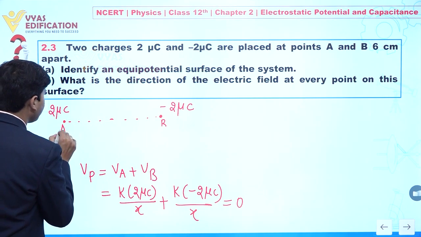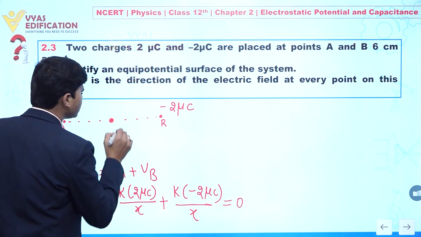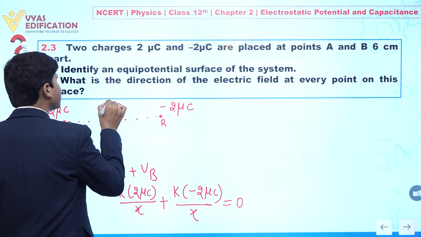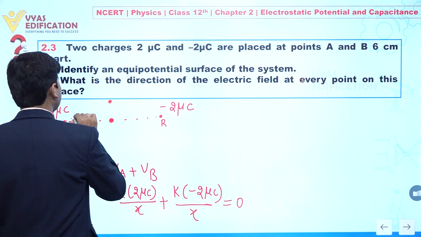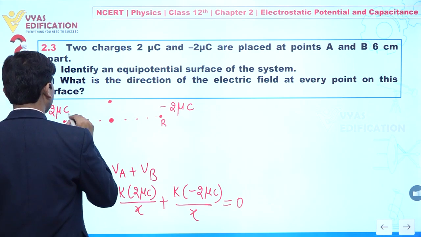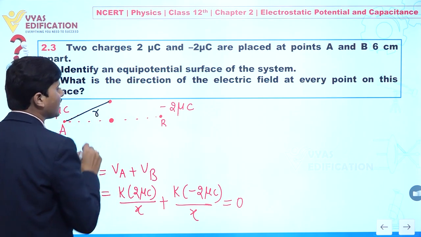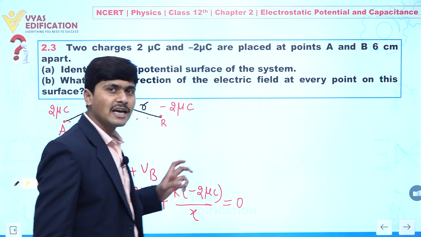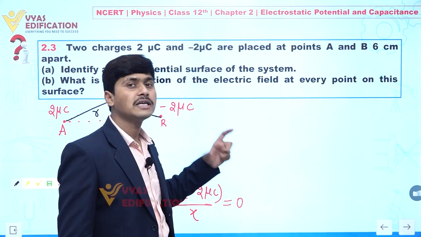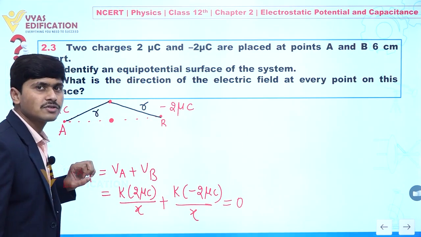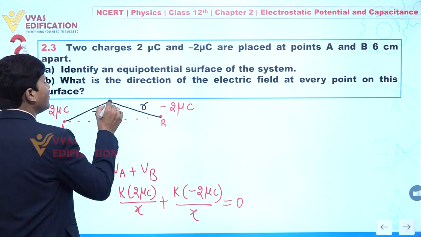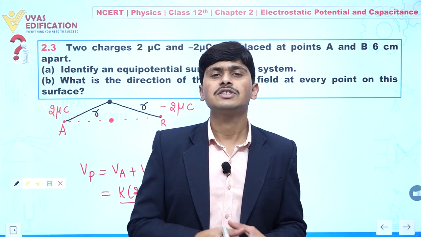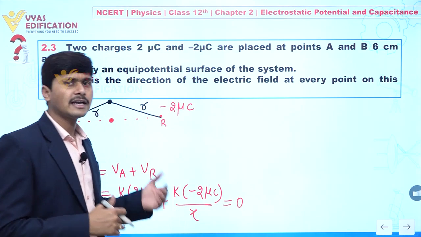So now you know this is point A and B, and this is the position where we have electric potential 0, clear. Let's suppose I concentrate on this point, located at a distance r from A and also r from B, clear. Again the magnitude of charge is the same and the distance is also the same. It means again we will find net electric potential 0, because electric potential is a scalar quantity, we directly add it, yes.